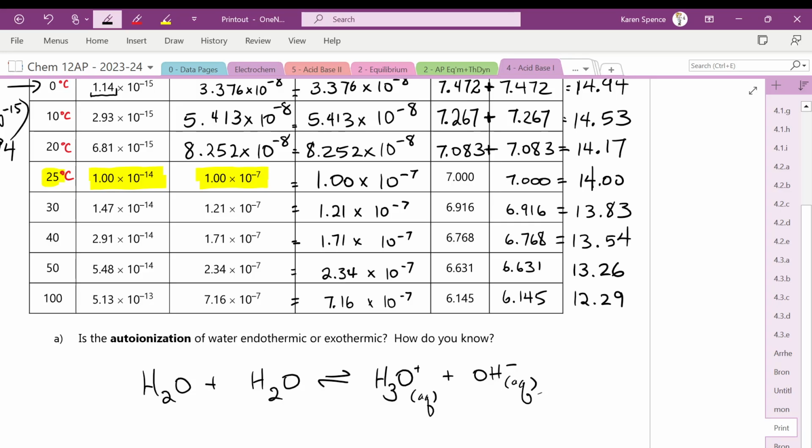And increasing temperature shifts a system in an endothermic direction. That for instance makes sense to you. Yeah. So if I increase temperature, the system wants to shift from the direction that it doesn't want.